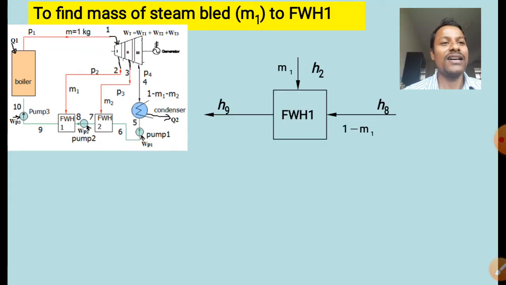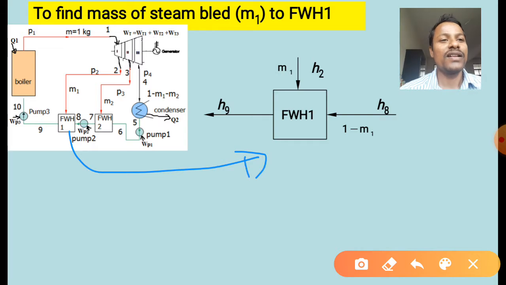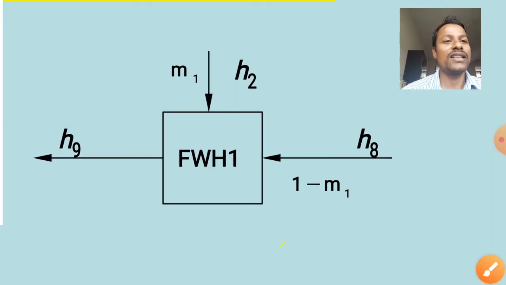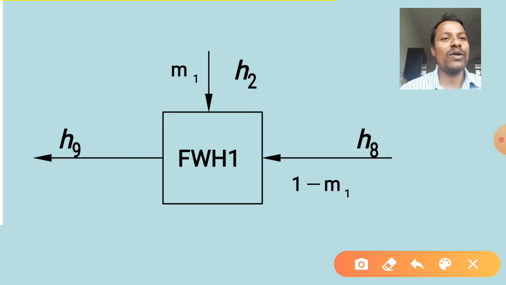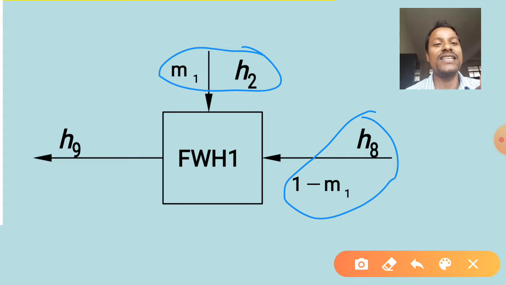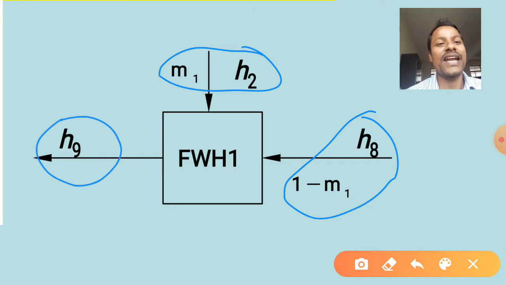So this is the feed water heater 1. After taking it outside from this schematic diagram, here at the inlet of this feed water heater there are 2 inlet energies. One is M1 and H2, another one is H8 and 1 minus M1. So both go inside, and state 9 is the outlet of feed water heater 1.